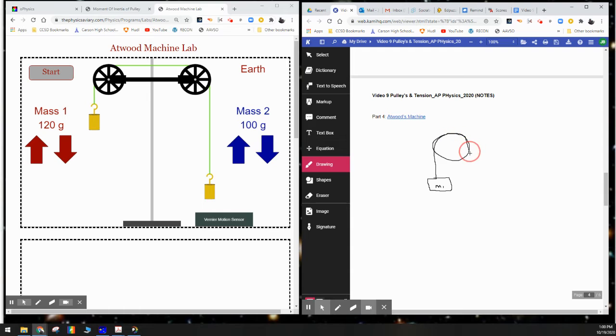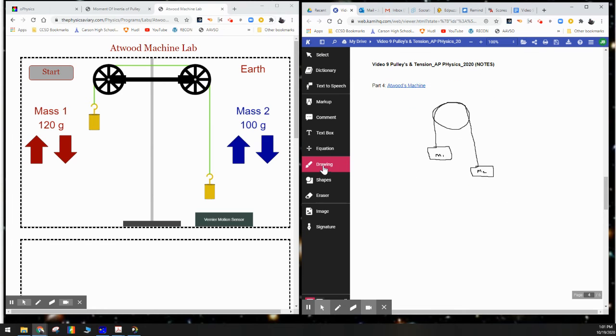There's string hanging over here, and we'll call this M2. M1 is 120 grams and M2 is 100 grams. To be consistent, we're going to say that M1 is greater than M2.